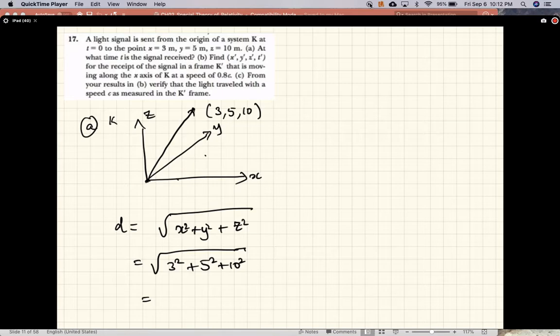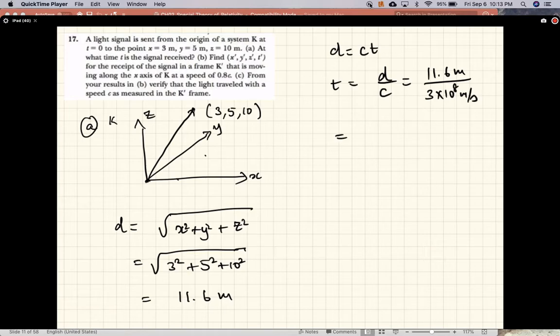134. It's 11.6 meters. Okay, so the distance is 11.6 meters, so the signal will get there at time t equal to d over c, which is 11.6 meters divided by 3 times 10 to the power 8 meters per second, which is the speed of light.